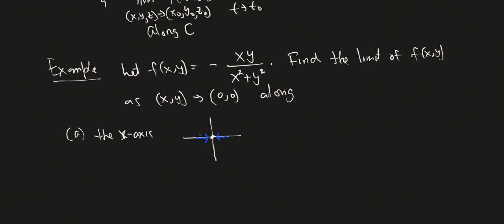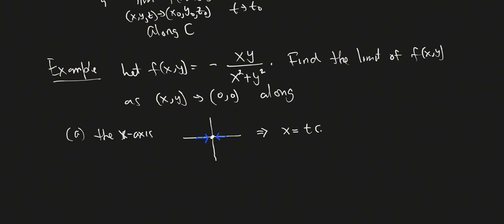So what we have to try to do is express this path parametrically, right? But let's think about it. If you are along the x-axis, x can be any real number, right? But y has to be 0. So here is the parametric form of this path. So this implies x can be any real number, that's what we're going to use as our parameter.